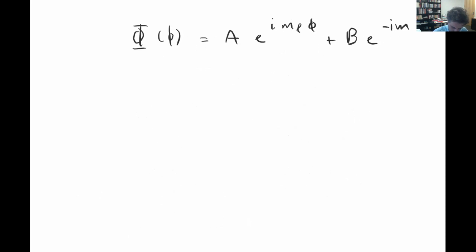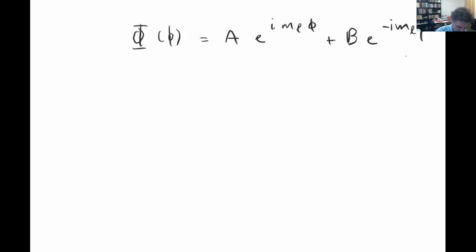So that's my general expression. What is this m_l? The m_l was previously k. Now it's a little m, which I call the number that I'm trying to retrieve by solving the boundary conditions.